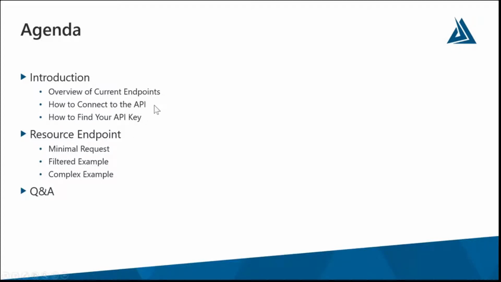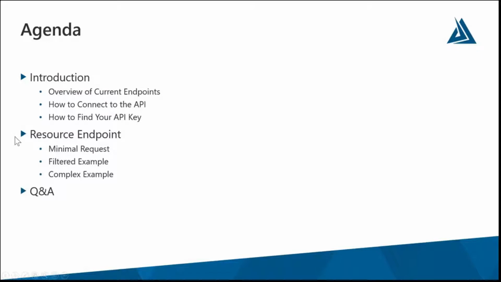And then we'll touch on some of the basics like how to connect to the API, what are some of the headers that you're going to need to set. One of them is your API key, and we'll be showing you how to find that in your Blue Triangle profile.